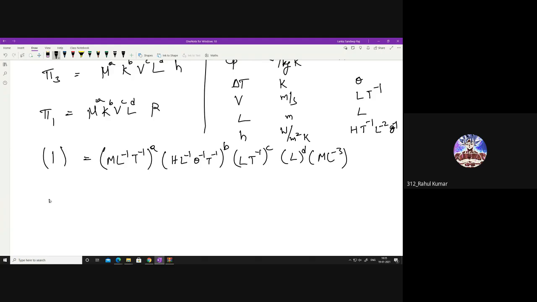If I take M, on the left hand side there is no unit, so you take 0 on the left hand side. On the right hand side you have A. In A you have M, and also you have power 1 here. So what you get here is A plus 1. Coming to L, L is anyway 0 on the left hand side.